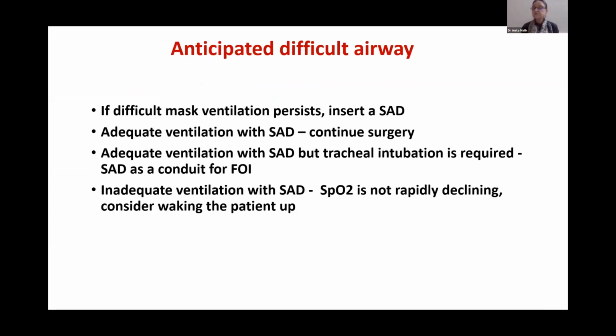Now, if difficult mask ventilation persists, then a supraglottic airway device has to be inserted. And if there is adequate ventilation with the supraglottic airway device, the surgery can be continued after discussion with the surgeon.